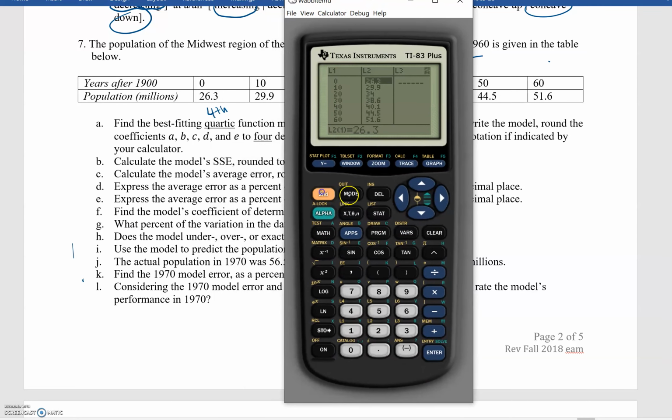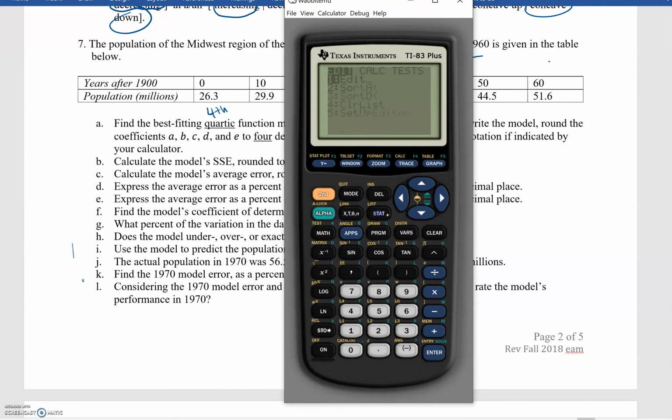And now we're going to find this quartic regression model. So we'll go to Stat, Calc, number 7 is quartic regression on L1, L2. Save it as Y1. And there is our function.